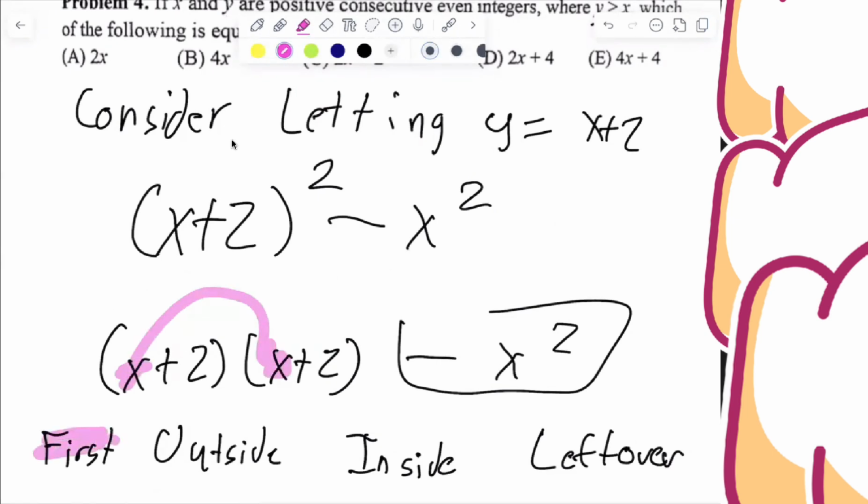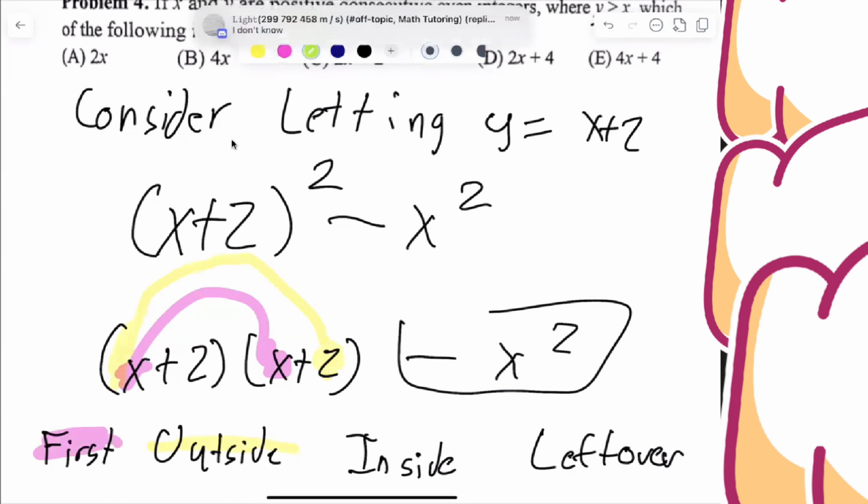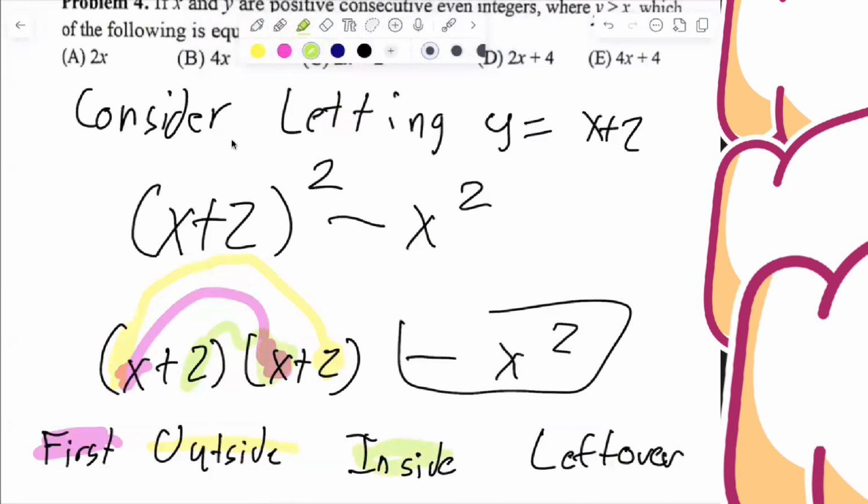So we already did first, outside is this one and this one. Inside, now go on to green. Those connections are literally showing what we should multiply. And leftover, or I think it should have been last. It sounds much better, so I'm going to change it to last. And then last gives you this one and this one. This gives you last, because that's how you do the FOIL method.